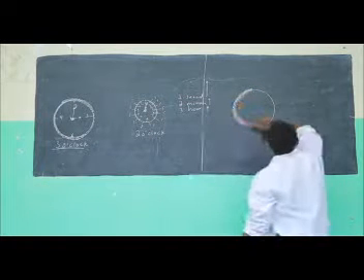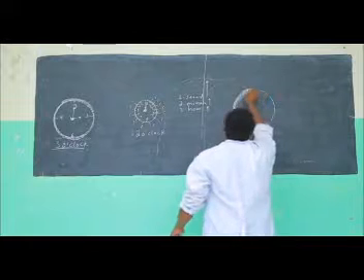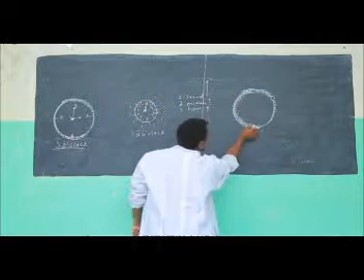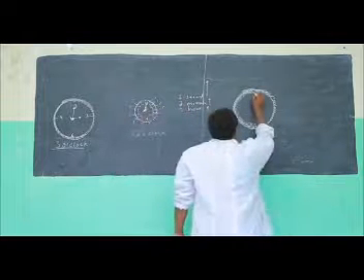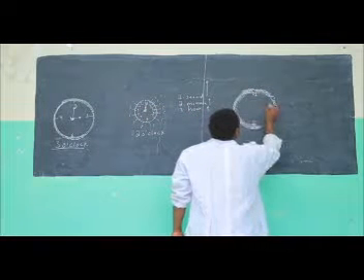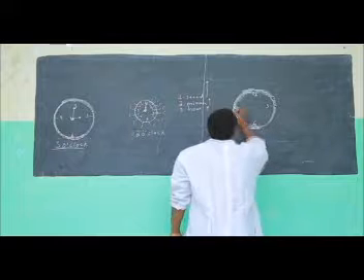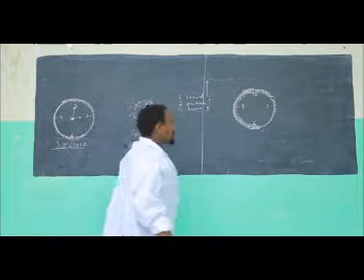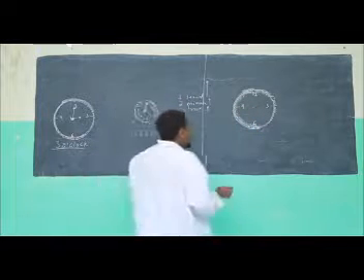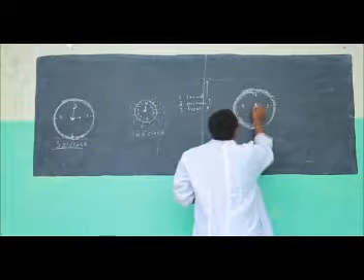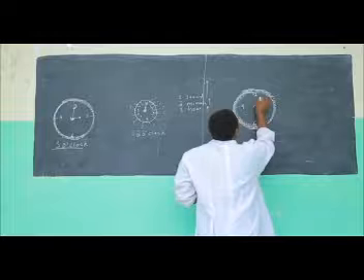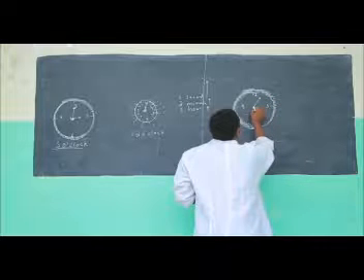This kind of circle. By the way, the clock is not appropriately a circle. So, here is 12, here is 6, here is 3, and here is 9. Now, the minute counter may be here. And the hour counter is here, the shortest.